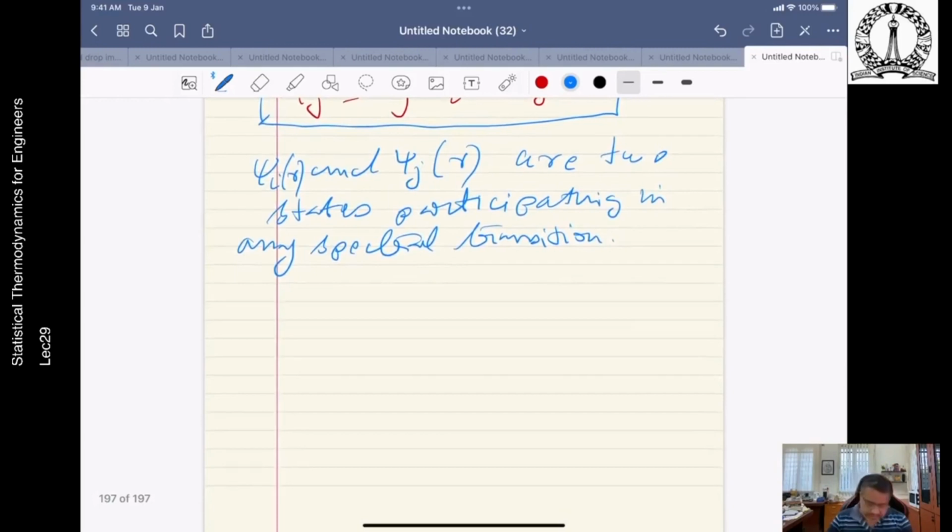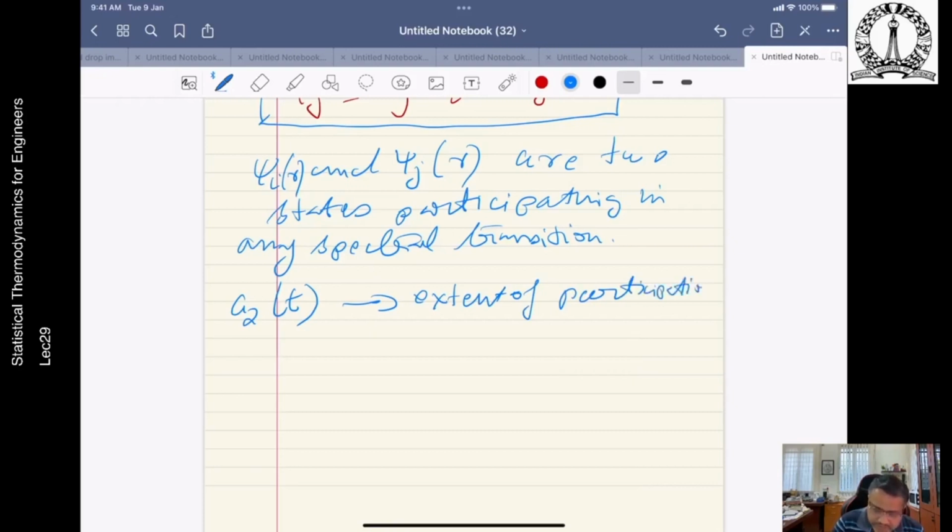In essence, A2(t) represents the extent of participation in state 2.